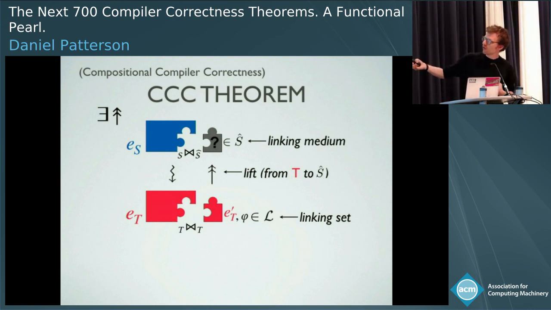What you need to do is provide a way of translating the target component you're linking with, ET prime, up to that linking medium, which is what this function lift, the double up arrow, is. Then you need to give us some way of linking between source code and code in this linking medium. That's what this link with S and S hat is.